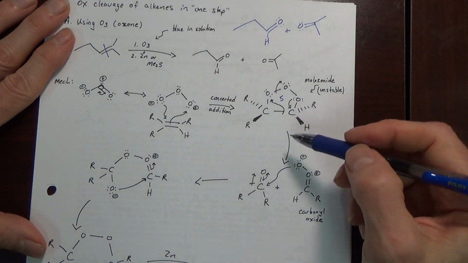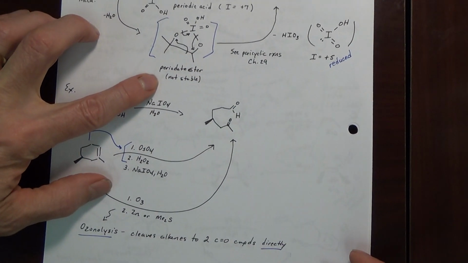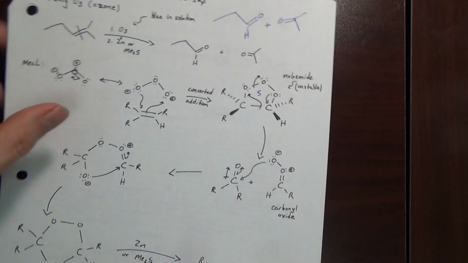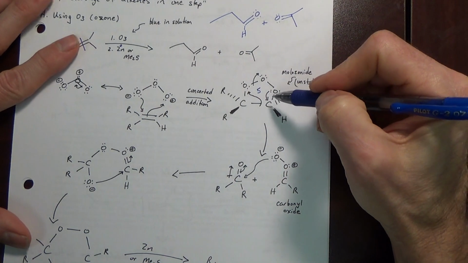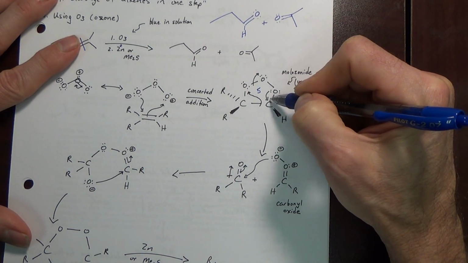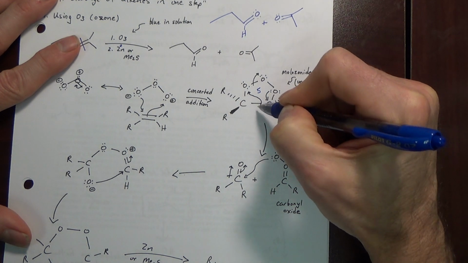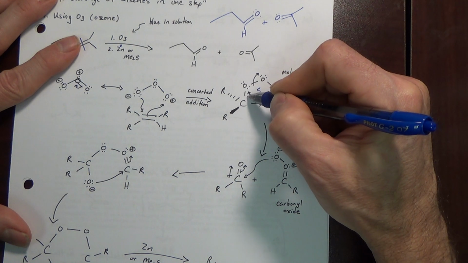It will break down. Do you see some similarities? Other things are breaking down. Peroxide ester is not stable, 5-membered ring. Okay. This will break down. This lone pair moves in to make a pi bond between O and C. These electrons get pushed off and they move up here between the C and the O to make a pi bond here.